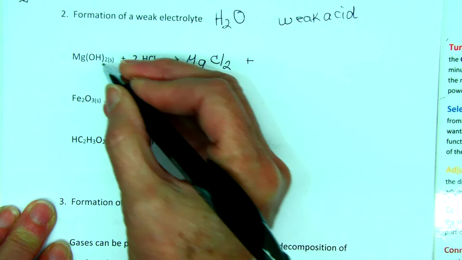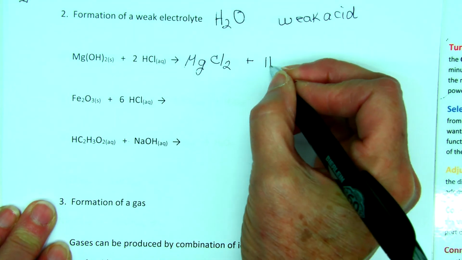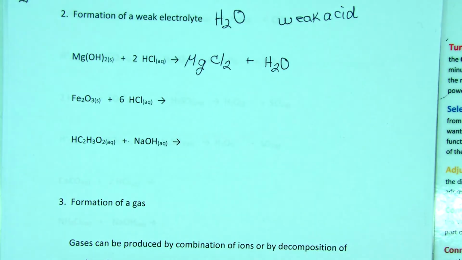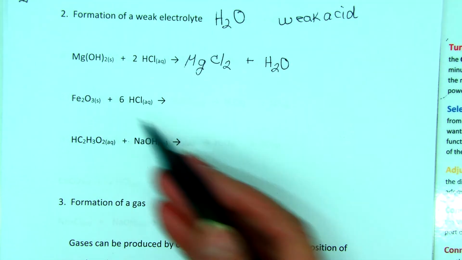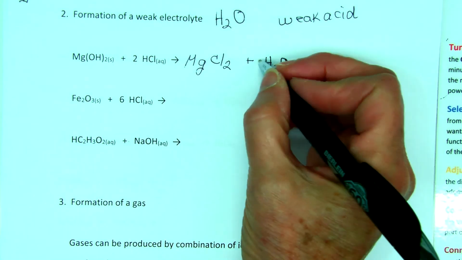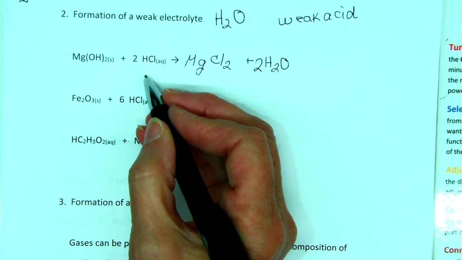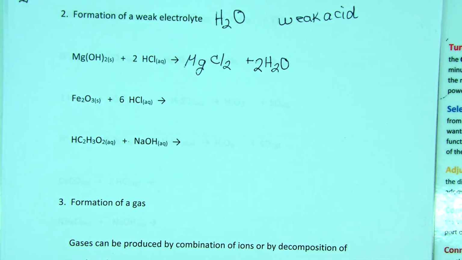Then hydrogen hooks up with hydroxide, HOH becomes water, H2O. Now we look at this, and the next step is to balance our equation. So I have 2 hydroxides over here and only 1, so I'll put a 2 in front of my water. I already had the 2 in front of HCl. So now I have a balanced equation.